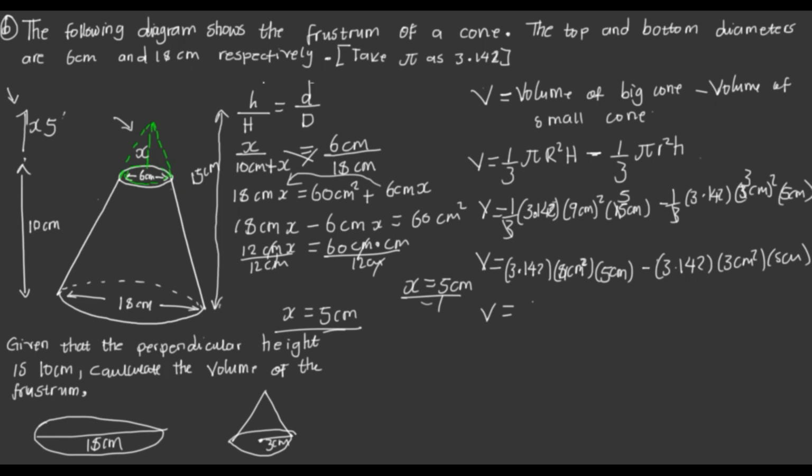So mine is giving me 1272.51. The units for volume must be cubed, minus, then we also have 3.142 times 3 times 5.